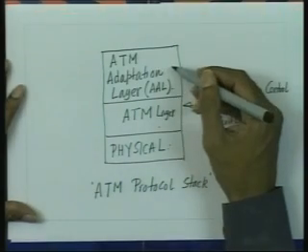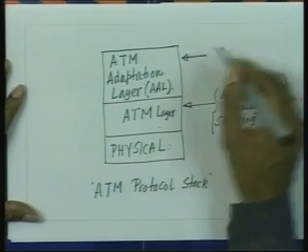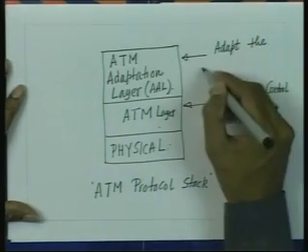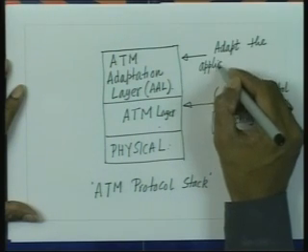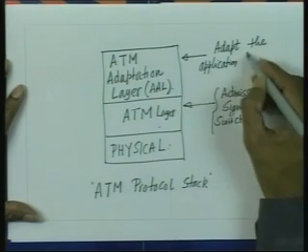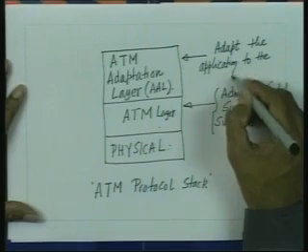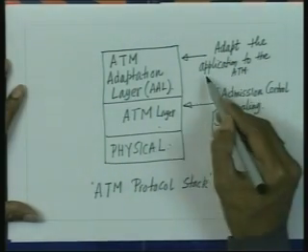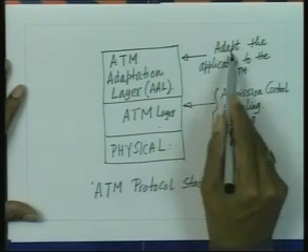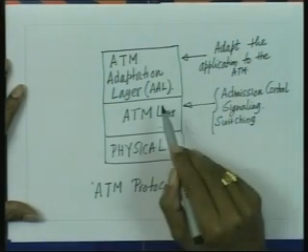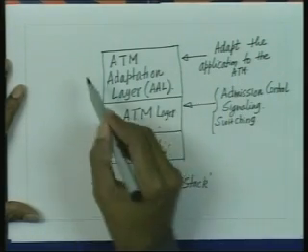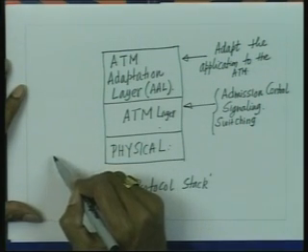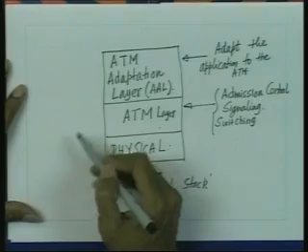Now the function of the adaptation layer is really to adapt the applications to the ATM. Since the job of the ATM adaptation layer is to adapt the applications or services to the ATM networks, there are as many adaptation layers as there could be services or application types that could run over the ATM networks.